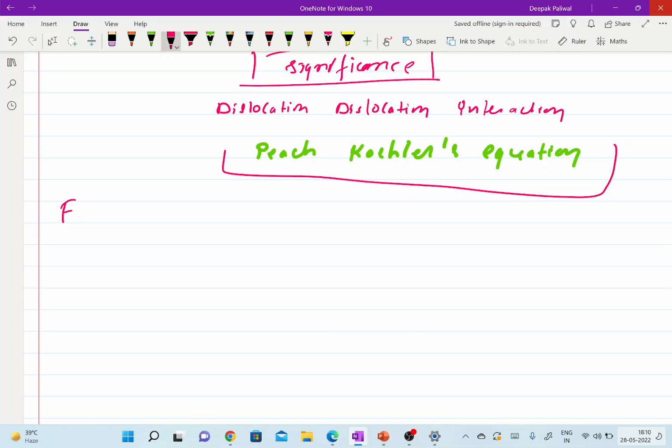We are dealing with the stress field, so stress times area is my force. So the Peach-Koehler equation calculates the force vector.